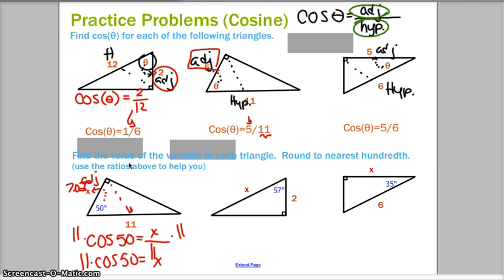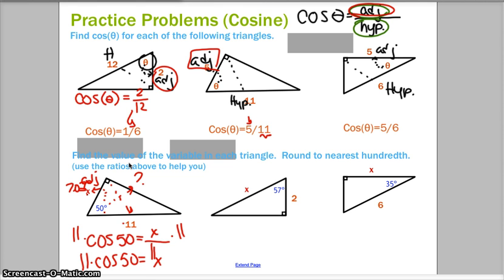So the purpose here, sine works when we have one angle measurement and 2 lengths. Cosine also works with an angle measurement and 2 side lengths. The only difference between sine and cosine is that in cosine you're looking for an adjacent length as opposed to an opposite length, because I don't know the opposite length here, so sine won't work.